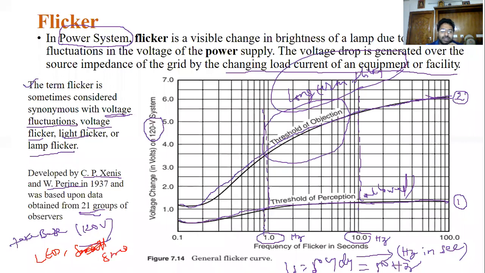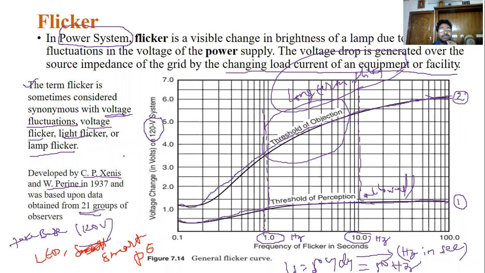That is smart or power electronic based equipment. Because of these flickers, there is a huge problem on the industry side. It is not a problem for humans, the consumer side or domestic loads; our lights are not affected by these flickers.